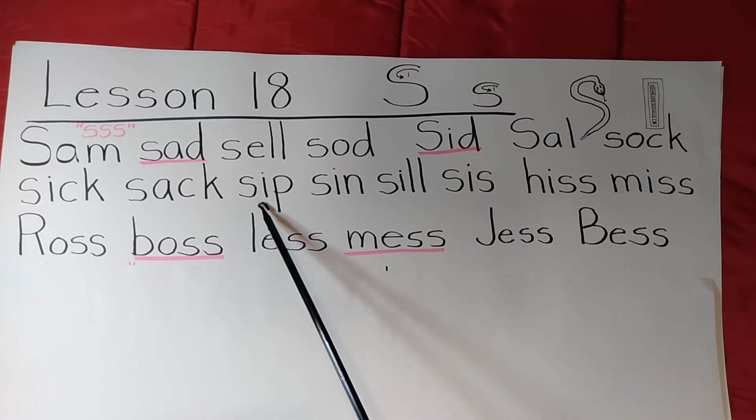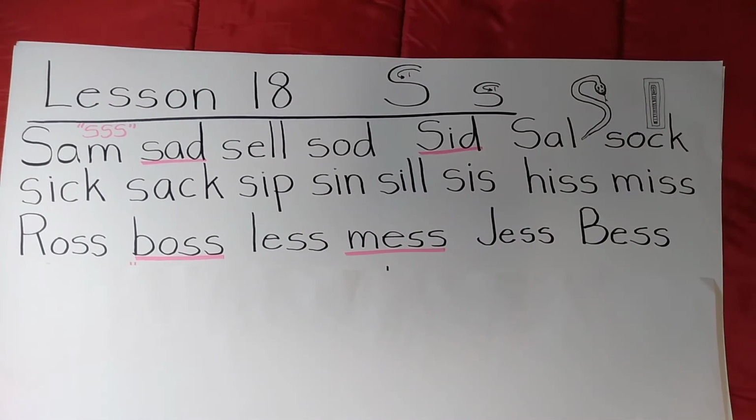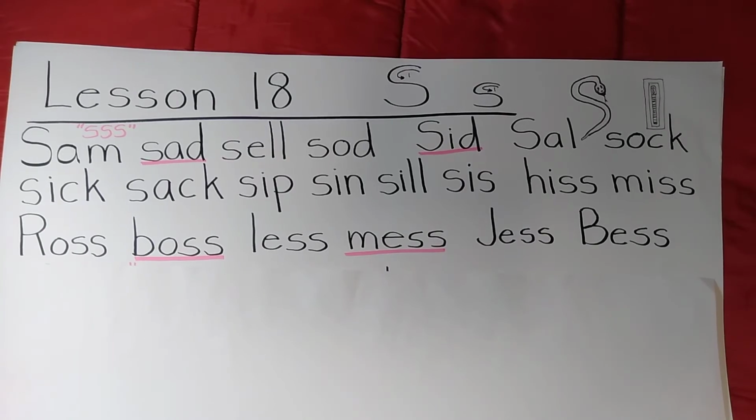You don't take a big gulp, you just take a little bit. That's a sip. Sin is some act against the laws of God, and there may be some others that the students may need help with. But those are the words with the S sound, and teachers, you can press pause and have students practice on those.